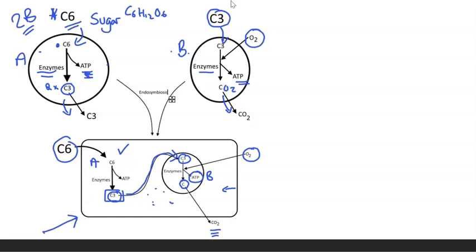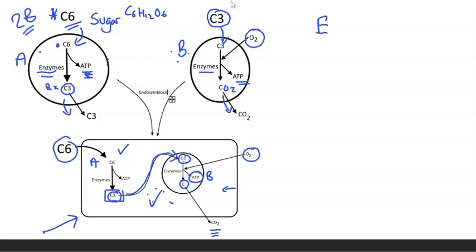So the symbiosis is that we arrive with a more efficient way of breaking down the sugar in which the two original cells benefit equally, and the single cell formed is much more efficient.